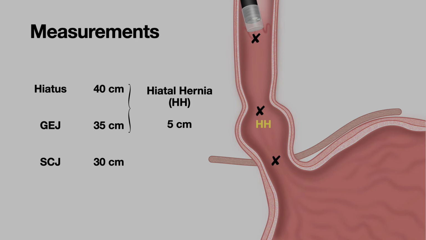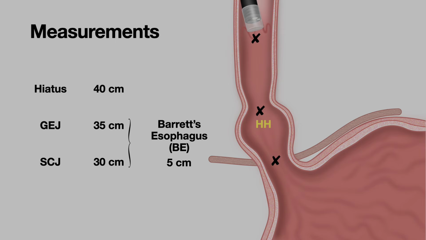So what it means is that the difference between the gastroesophageal junction and the squamocolumnar junction, the columnar lined esophagus, is Barrett's esophagus. In this case, it is 35 minus 30, 5 centimeters of Barrett's esophagus. So we noted a 5 centimeter hiatal hernia and a 5 centimeter Barrett's esophagus.